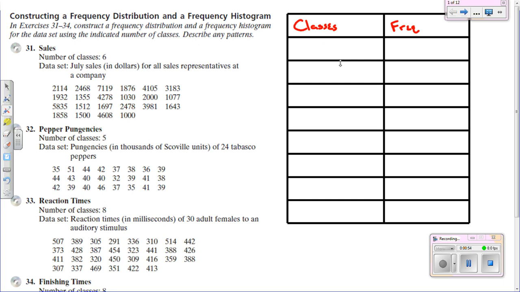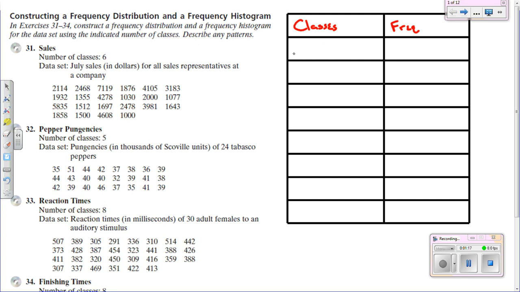So you do 7,119 minus 1,000. That gives you 6119. Divide that by 6, you get 1019.833. So just round up to 1,020. You always want to round up.